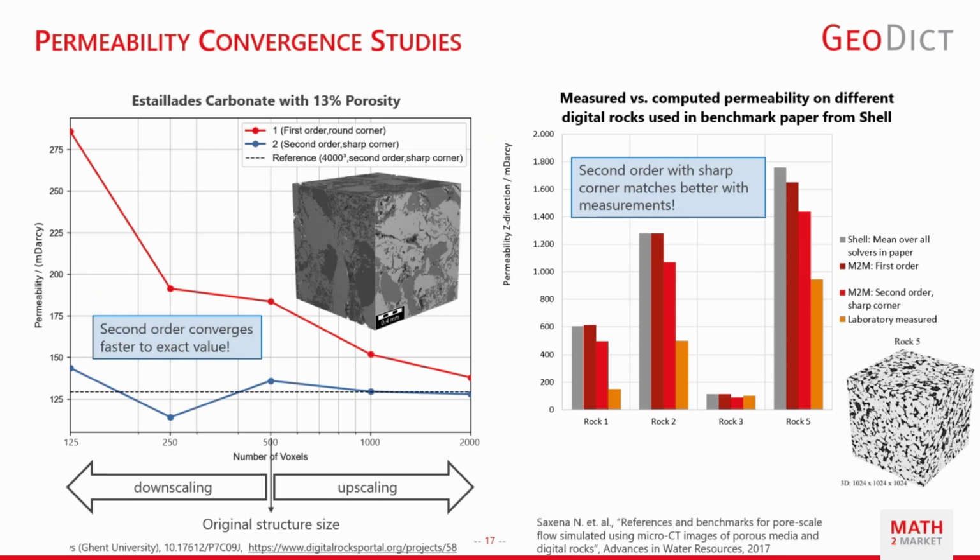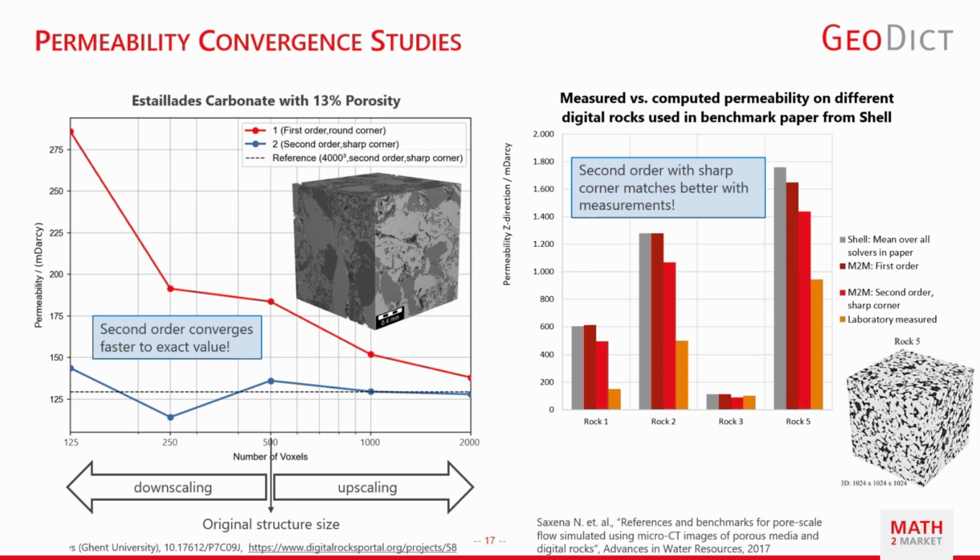We compare the first order with round corner, which is the wedge curve. If we're using second order and sharp corner, it converges much faster compared to the first order and round corner variant. Even with 125 voxels, you are quite close to the reference solution.